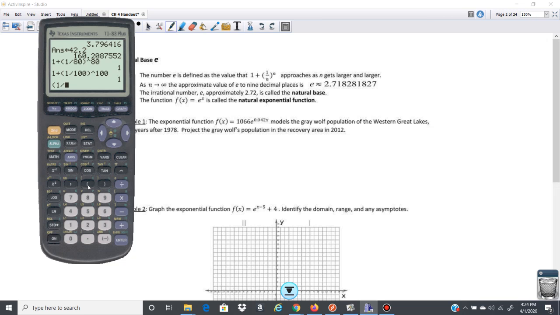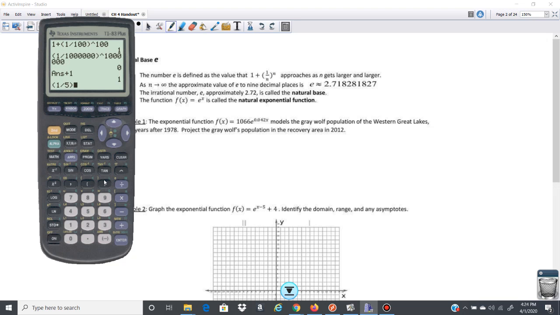Hold on. What is that? 1, 2, 3, 4, 5, 6 zeros, and then plus 1, it's just getting too small. So maybe we do it with smaller numbers.